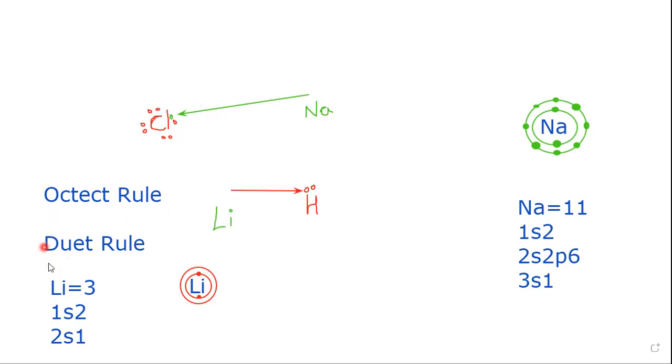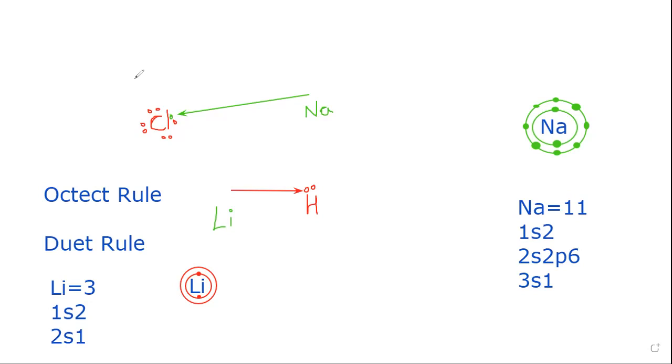That's correct. How about the duet rule? What does it say? In order to achieve stability, the outermost shell needs to have 2 electrons. That is correct, for the smaller elements.